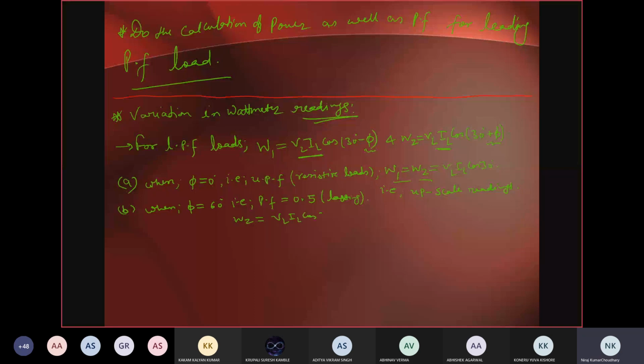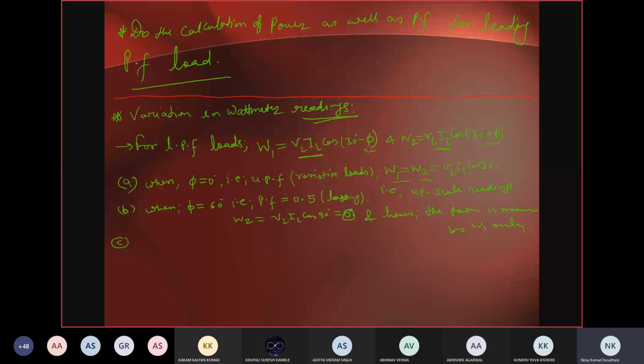Not 0 degree, just 0. And in this condition, you can see that the power is measured by W1 only.